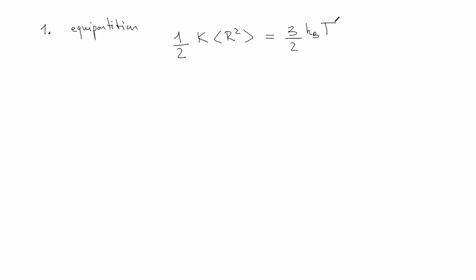Okay, so this implies immediately that we have a relation between K, the number of monomers inside the chain, and the temperature. Because we know that for a real polymer chain, let's take it, sorry, not real, ideal for now. Let's write it this way.